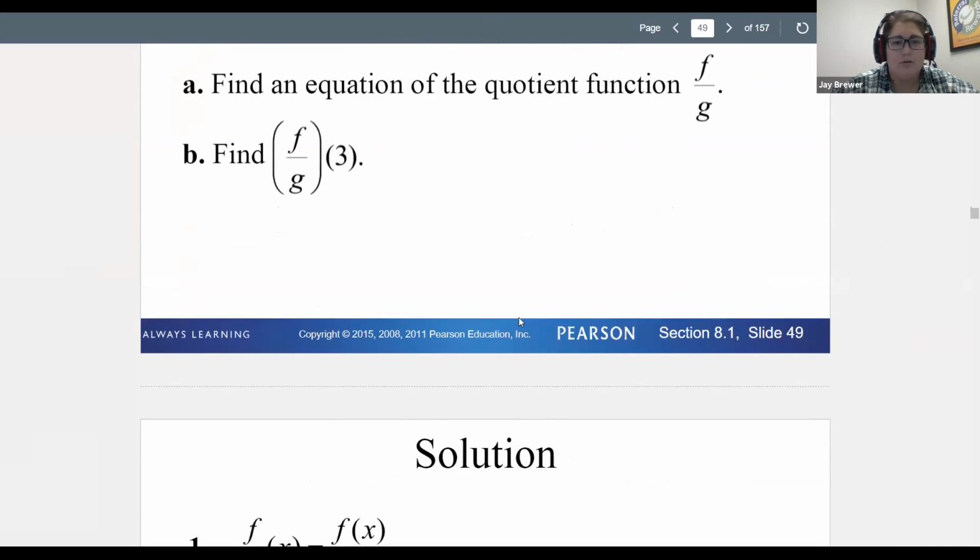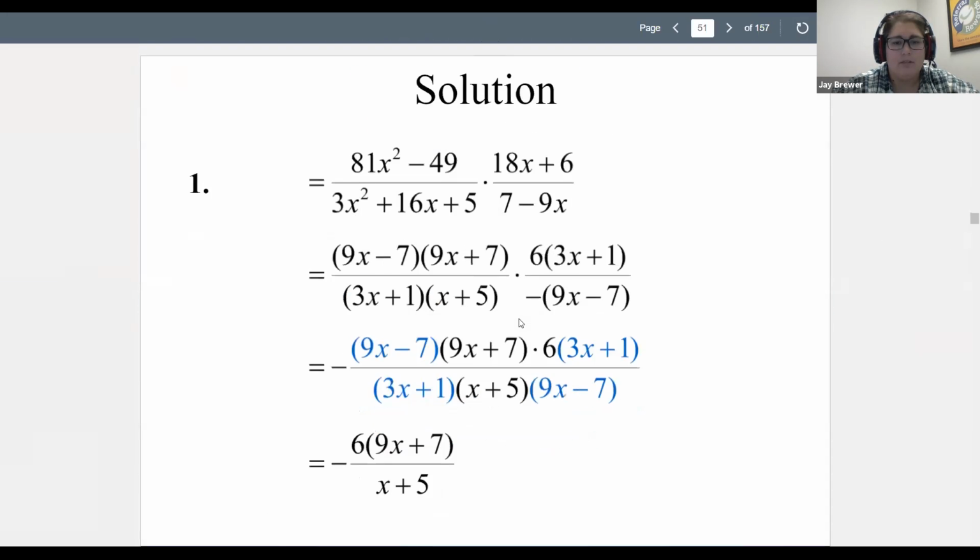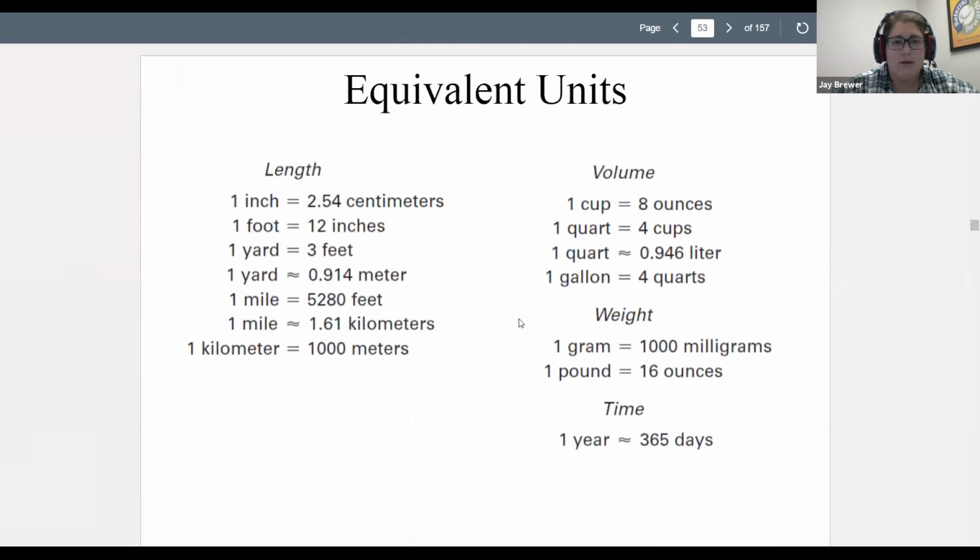Don't feel like we're not going to get to them, but eventually we're going to get to this. Here we go, go ahead and write this down. Spend the time and do it now. Nope, that's not the one I wanted you to review yet. I do want you to write this one down.